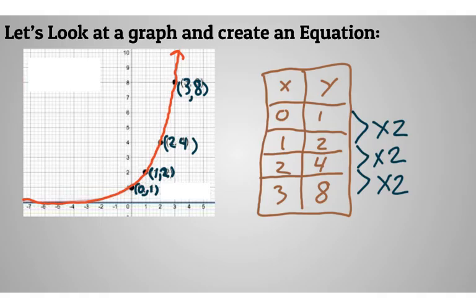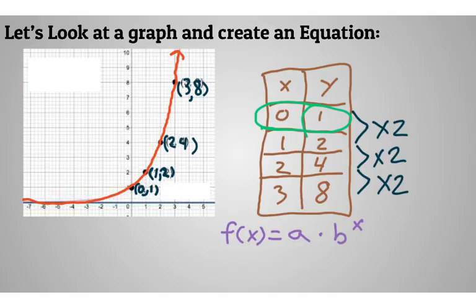So now we know our multiplying factor, which is the b, and we need to find the a, or the y-intercept. Just look at where the x value is 0, and the y value tells you where it will land on the y-axis, giving you your y-intercept. So now we know our y-intercept is 1 and our multiplication factor is 2. We're ready to write our equation.